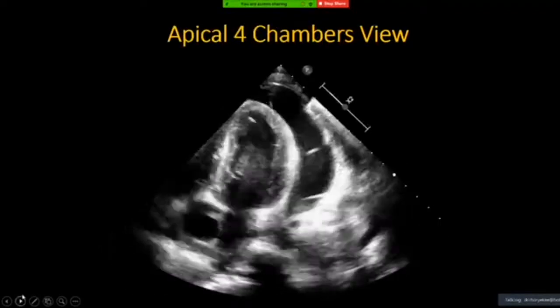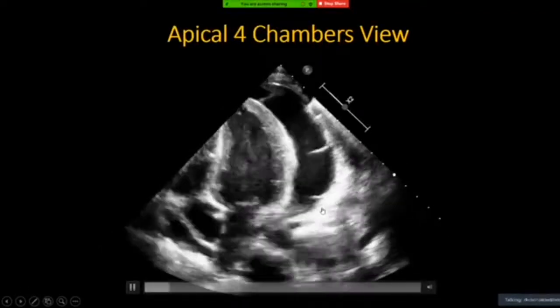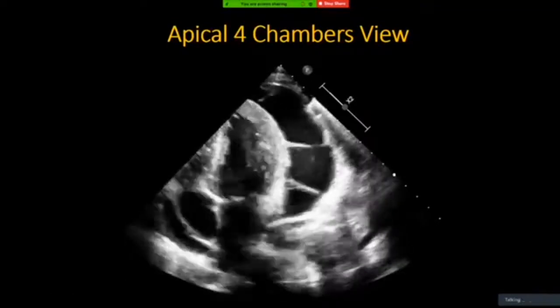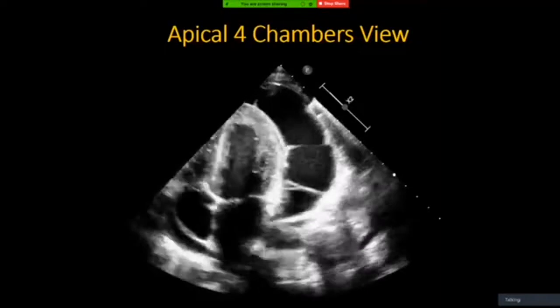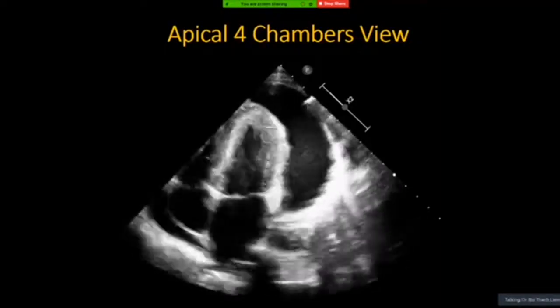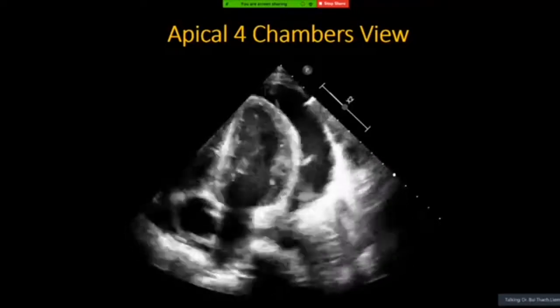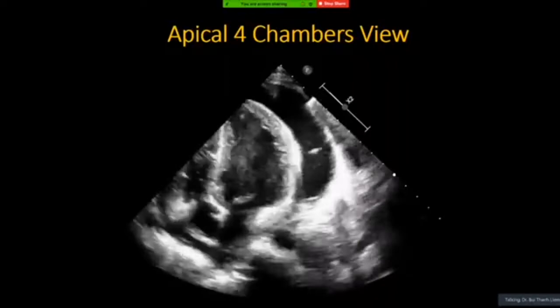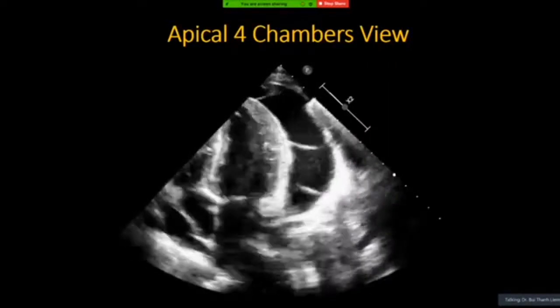Okay, so this is a 4-chamber view. Anyone want to try? One doctor comments there is a pericardial effusion and maybe an atrial septal defect.